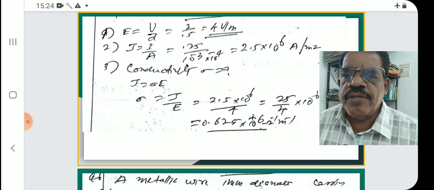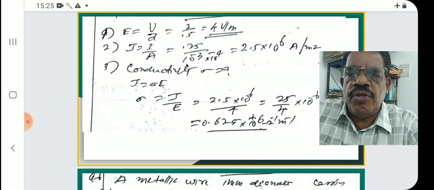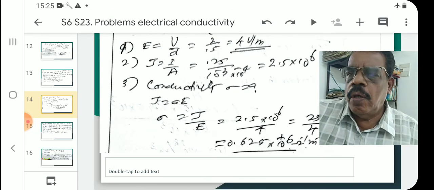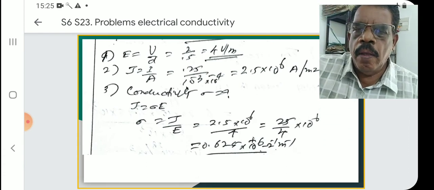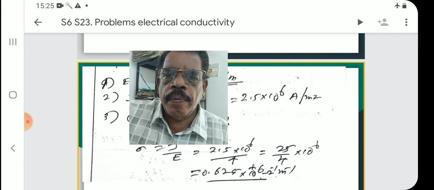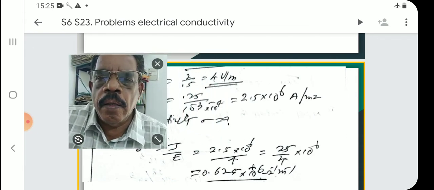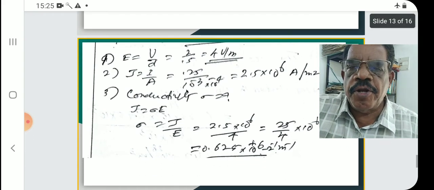So we get J is equal to 2.5 into 10 raised to 6 ampere per meter square.